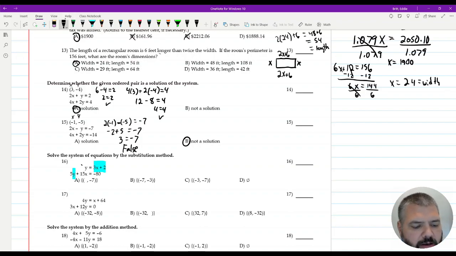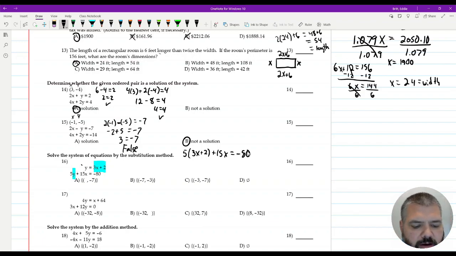Make sure you plug it in parentheses because I have a 5 in front of my y, so 5 times 3x plus 2, and then plus 15x equals -80. All I did was plug in 3x plus 2 for my y because y was already solved for. That made it a lot easier.